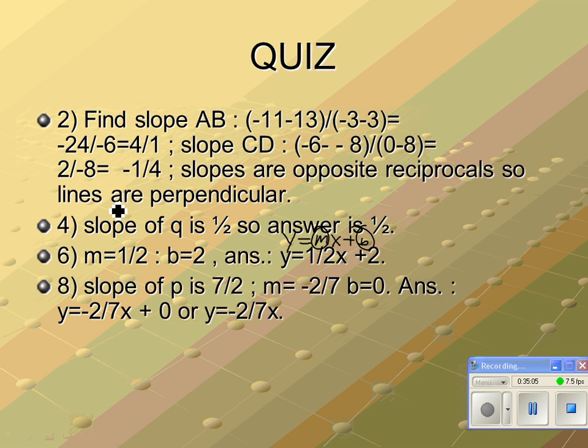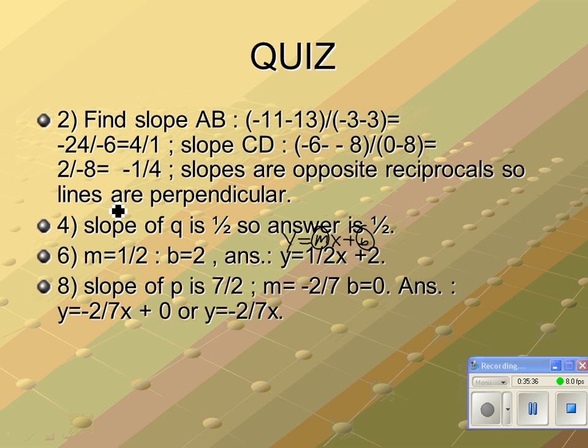Alright. The slope of P is 7/2. Brighton asked a good question. If you want to change that to 3.5, anytime it's slope, you want to leave it as a fraction, because what's slope again? Rise over run. So that tells you the rise and the run. They wanted a line that was perpendicular to that, so you have to do the opposite reciprocal: -2/7.